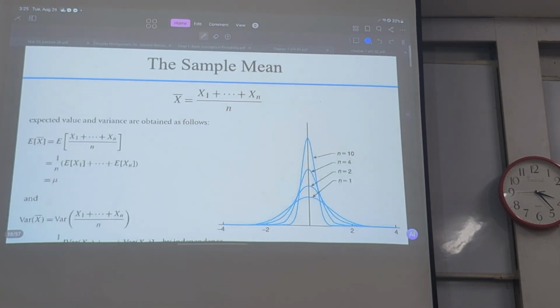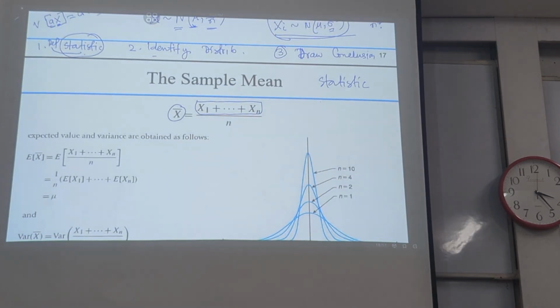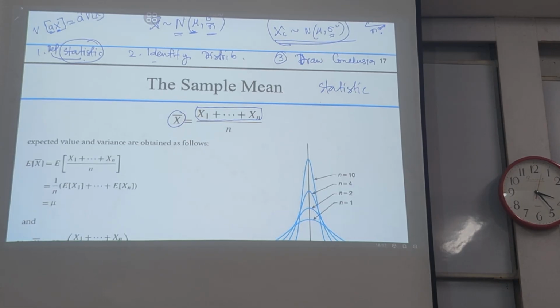For example, this sample mean is a statistic because it is defined from the elements of the sample, which are random variables. So X bar has a distribution, right? That means X bar is a random variable. Yes or no? Or is X bar a constant?